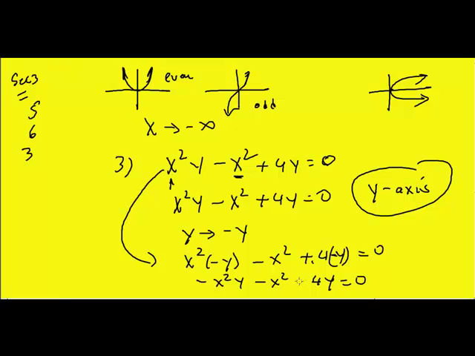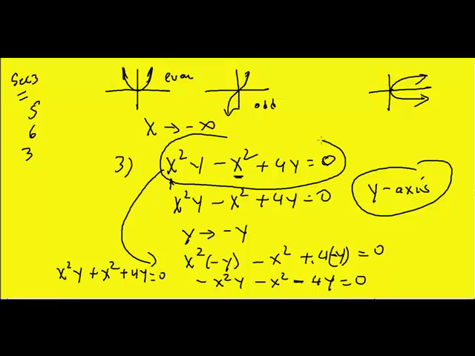Okay. We're going to multiply everything by negative 1. That will give me x squared y plus x squared minus 4y is equal to 0.